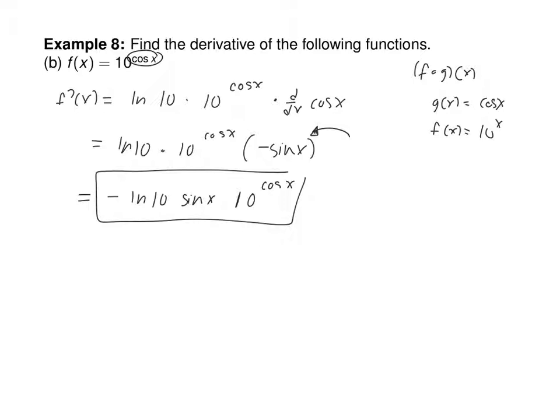You've got cosine inside the exponent, versus if it was f times g, that would be cosine x times 10 to the x. You see how that's different? The cosine's inside the exponent as opposed to multiplied by the stuff.